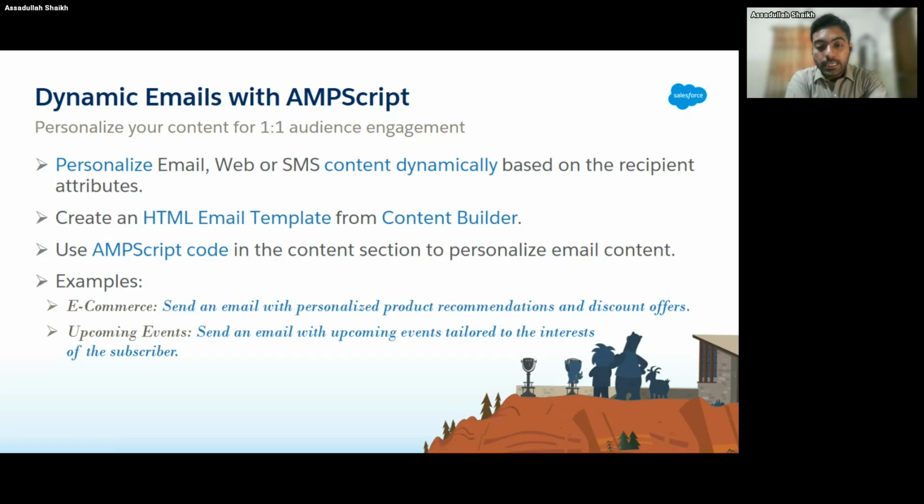Another example that you might have commonly seen is receiving an email invitation. There may be upcoming events in your city. You might be using TripAdvisor, which is very common in Pakistan. If you have subscribed to their newsletter, they will continuously send you emails about upcoming events within your area, within your city.